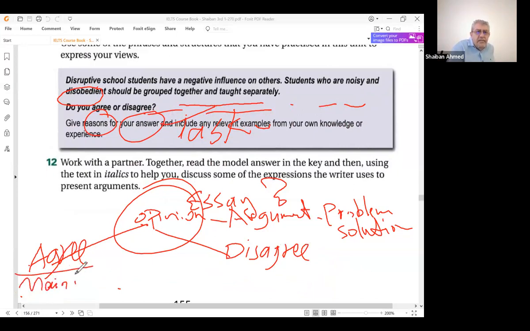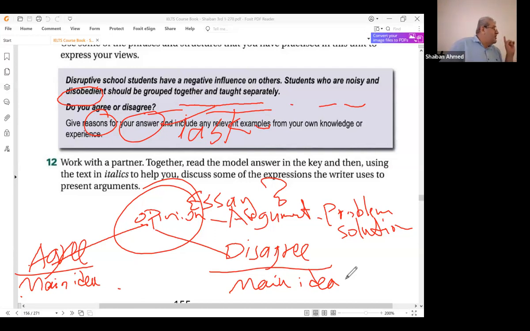Why? Main idea. Now look at the technique here. What is your position? It's an opinion essay. So for opinion, you have to show your position from the introduction. You paraphrase the question, we paraphrase now.